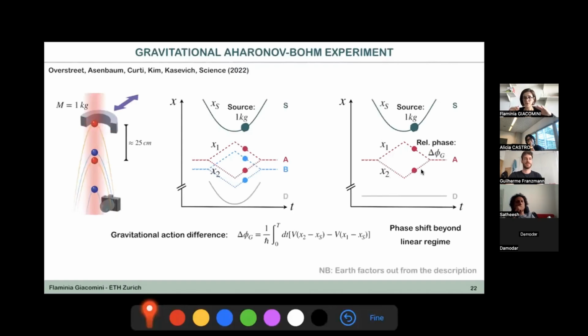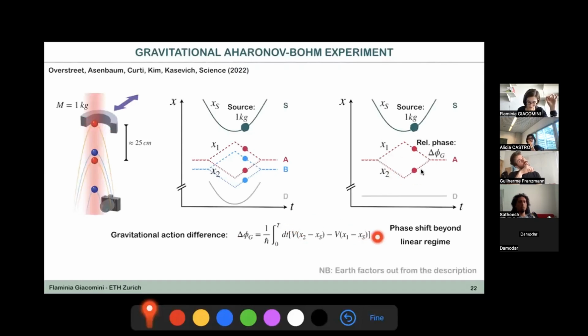So you don't measure any effect of the gravitational field of the Earth, but you measure the difference in which the source acts on this arm of the interferometer, and on this arm of the interferometer. And in particular, this turns out to be a relative phase at the end of the interferometer. That is the difference between the gravitational potential sourced by the tungsten mass in the two arms.